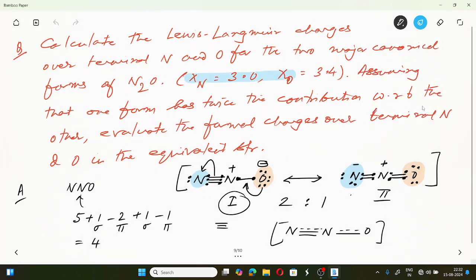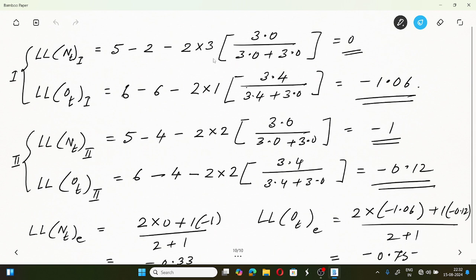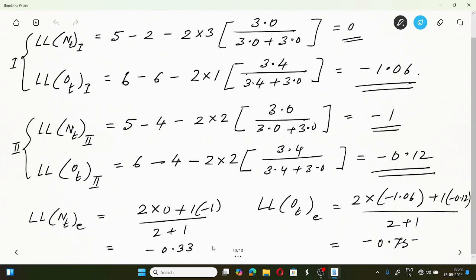Then from these two structures you could have calculated the formal charge by using the previous formula, right? That means instead of the Lewis-Langmuir formula we would use the usual formula to find the formal charges, and then the formal charge of the equivalent structure can be calculated using this idea. Okay, so we have completed our discussion on formal charge.